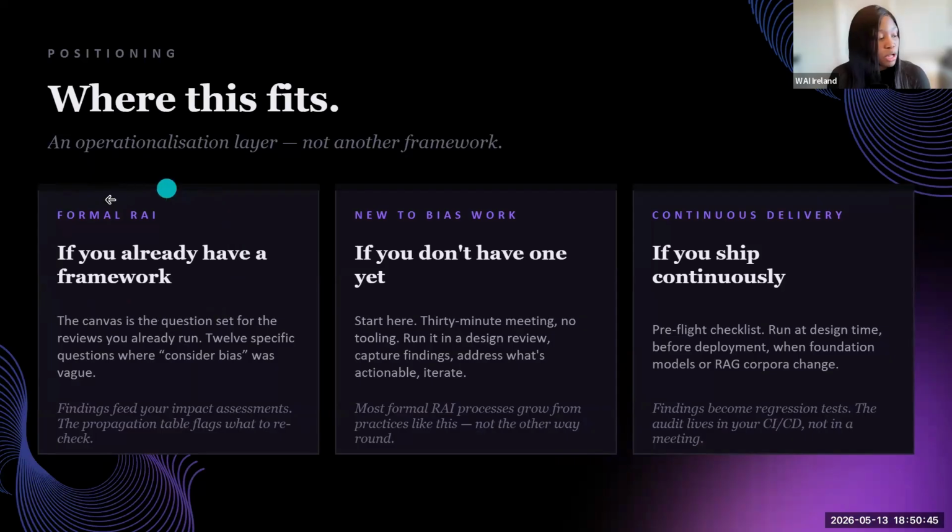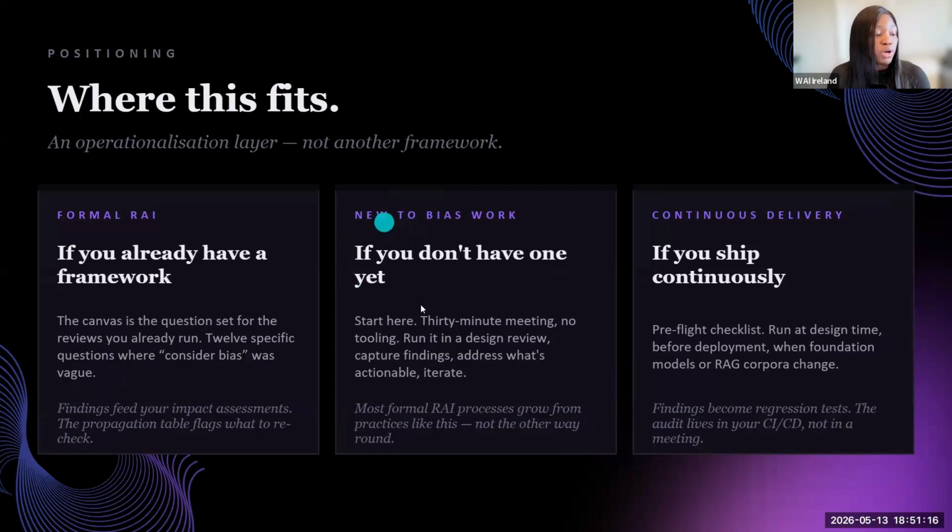If you have a formal framework, this canvas just surfaces the questions that you ask, right? I have 12 specific questions, and where your larger framework might be vague, this really gives you a way to narrow down your findings, and whatever outputs you get will feed into that larger body of work.